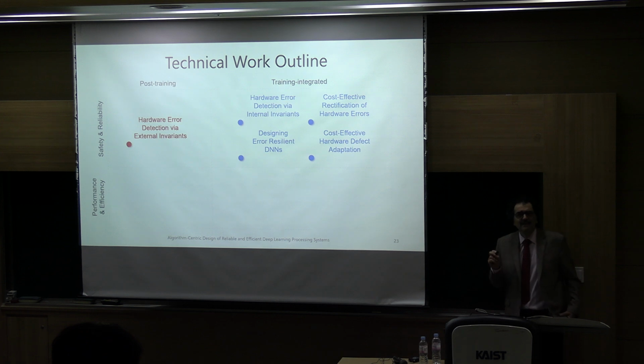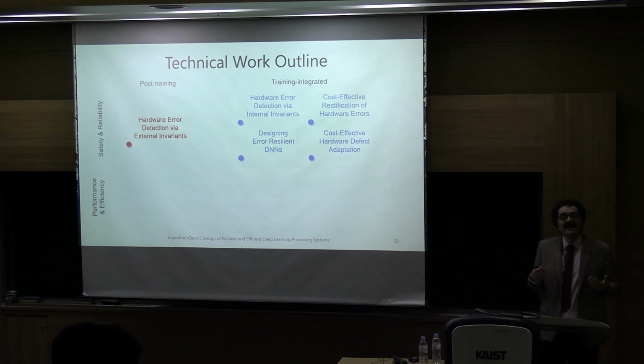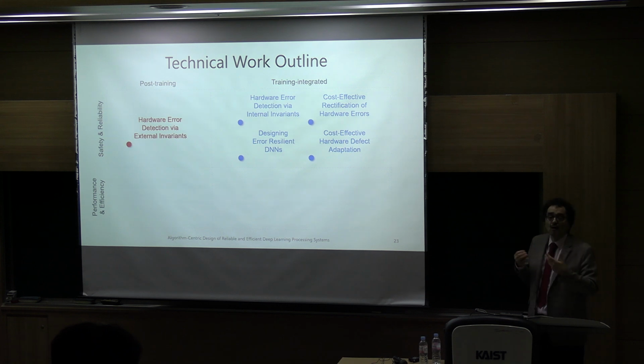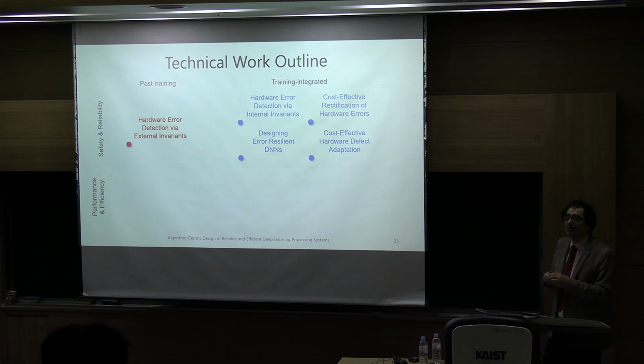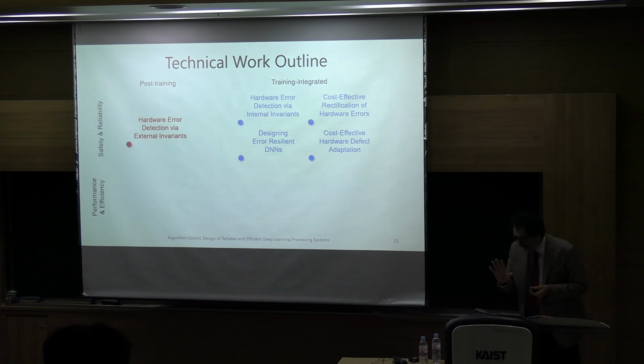So the last bit over here has to do with the question of yield improvement. And the yield improvement has to do with cost-effective hardware defect adaptation. And I'm going to show you over there ideas about regularity and how you can take advantage of this in order to adapt to the defects that are happening. So these are the reliability issues.